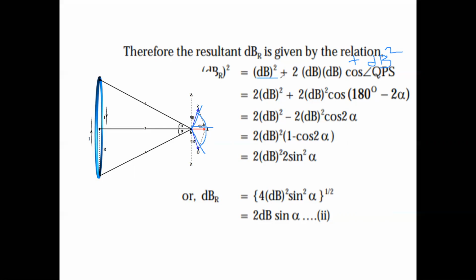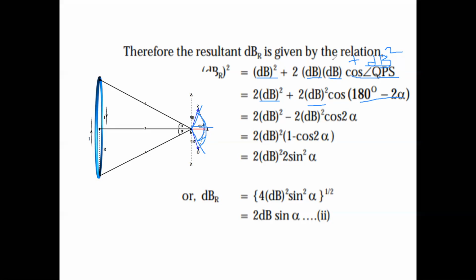So this is 2 dB square plus 2 dB square cos of QPS. This is the QPS angle, which is equivalent to 180 minus 2 alpha.